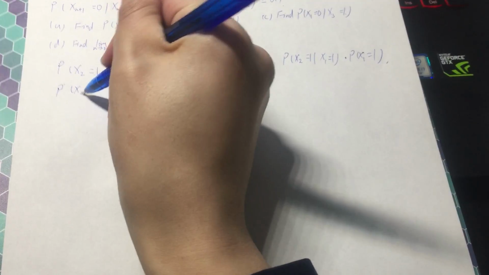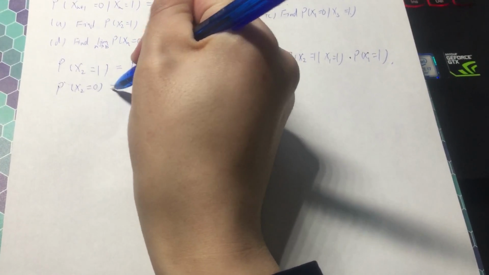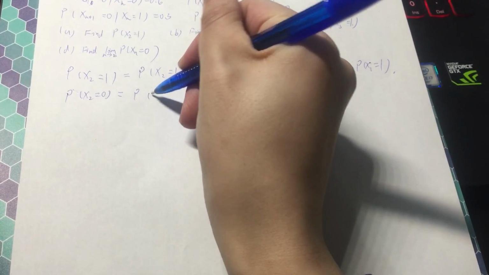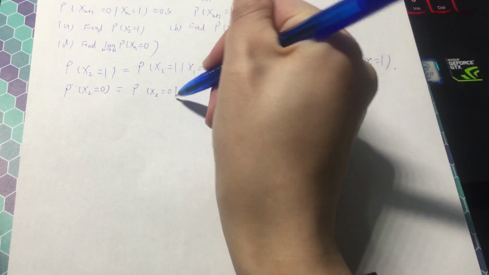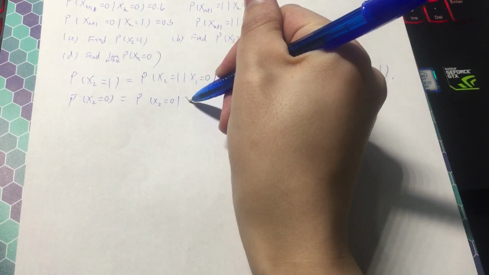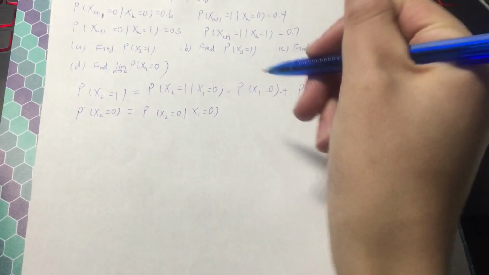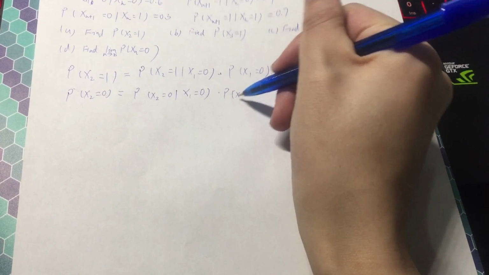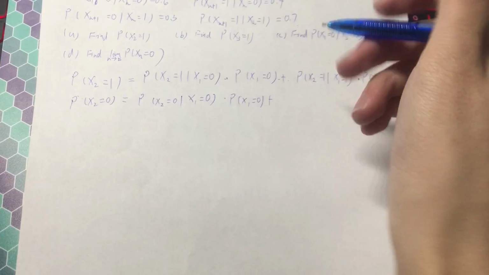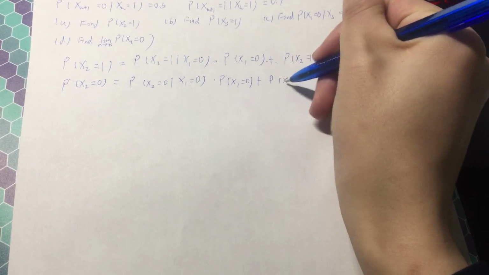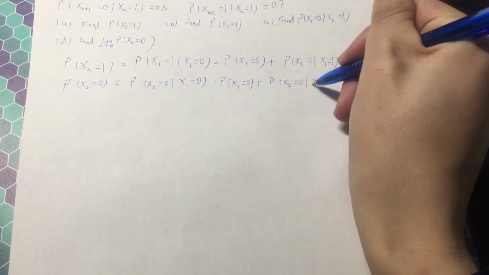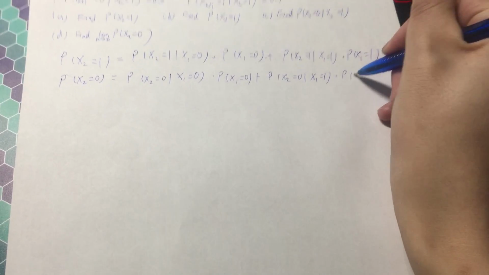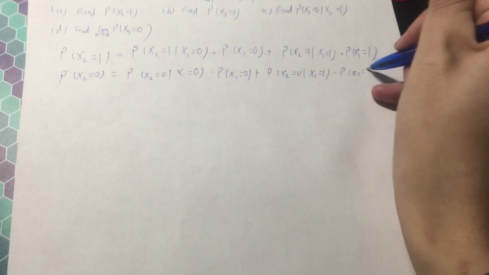P(x2 = 0) equals P(x2 = 0 | x1 = 0) times P(x1 = 0), plus P(x2 = 0 | x1 = 1) times P(x1 = 1).